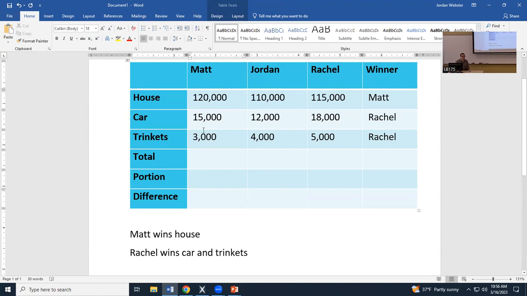If you look at Matt's total bid, if you take 120,000 plus 15,000 plus 3,000, Matt bid $138,000 total.